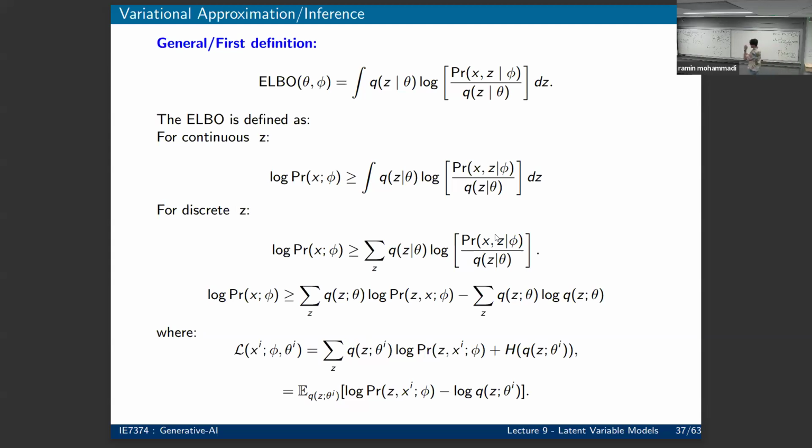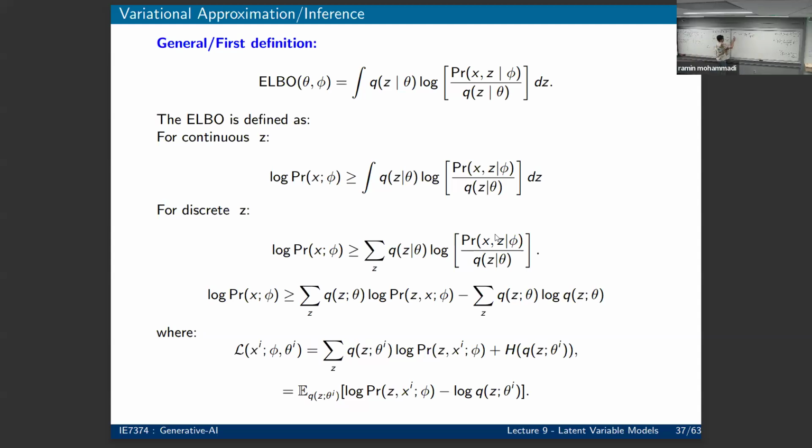So in the first form, or general form, we have the summation over all possible Z of Q(Z|X) log P(X,Z) over Q(Z|X). I'm not writing the thetas and phis, just simplifying.